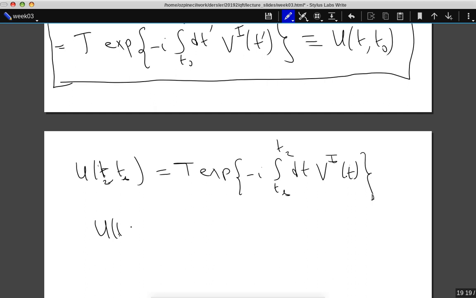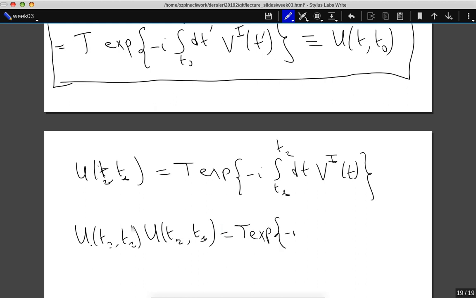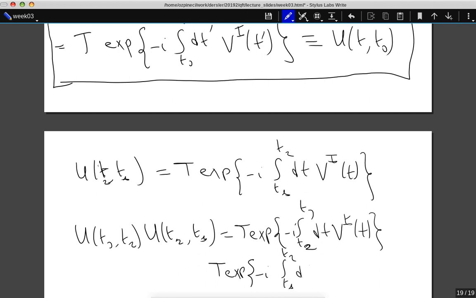Let's say U of t3 to t2, U of t2 to t1. This is the time-ordered exponential of minus i, t2 to t3 dt V_I of t, times the time-ordered exponential of minus i from t1 up to t2 dt V_I of t.